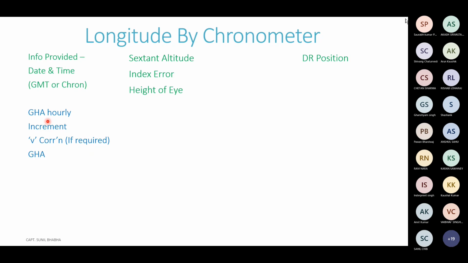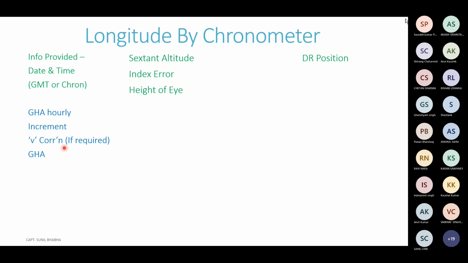So when you look for GHA on the daily page, you will be able to find out the hourly GHA, and from the increment table, you will be able to find out what is the increment for the particular minute and second of the time which is given to us in the question. And if the body requires a V correction, the planets and the moon, they both need the V correction also.